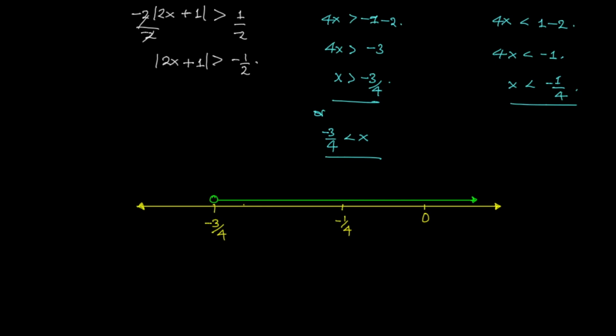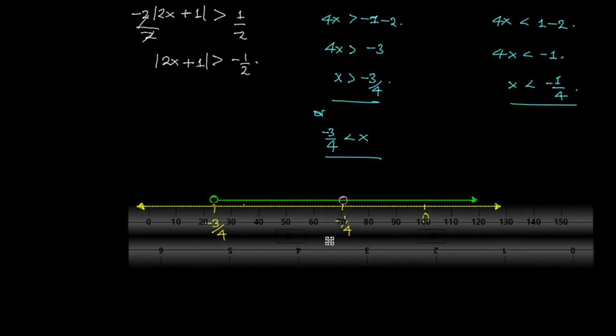Now let's do the same for the next. From here we'll have another arrow that is pointing to x is less than negative 1/4. So all numbers to the left of negative 1/4 give us the solution for the second part.